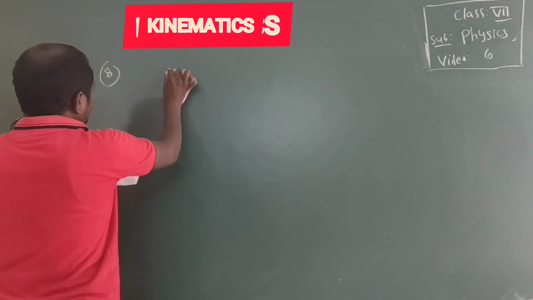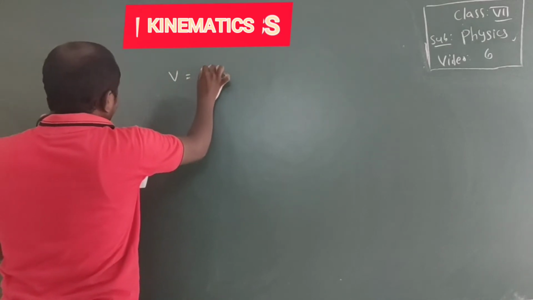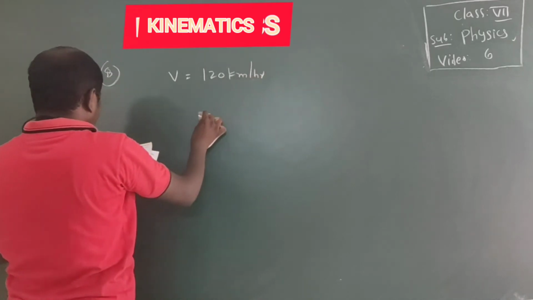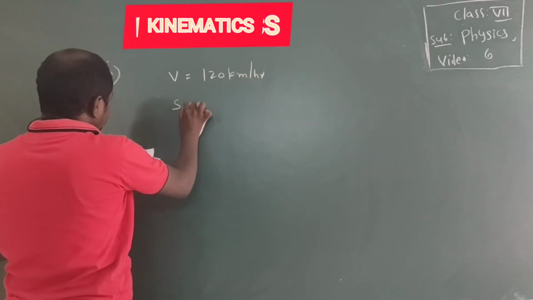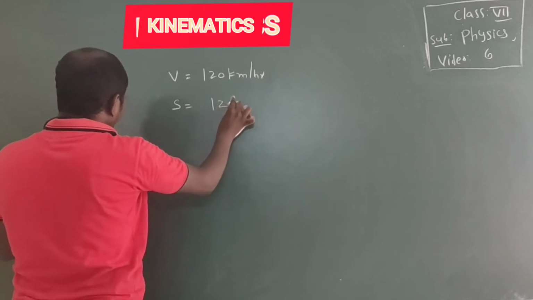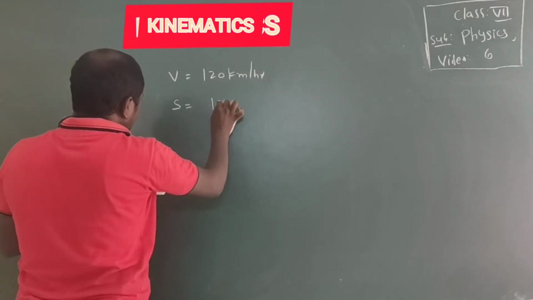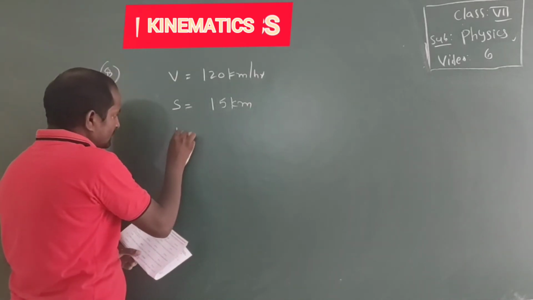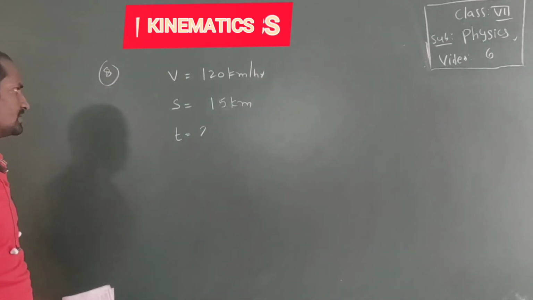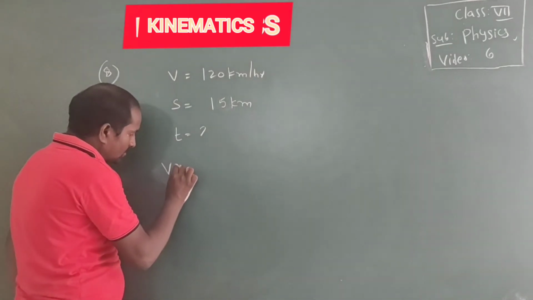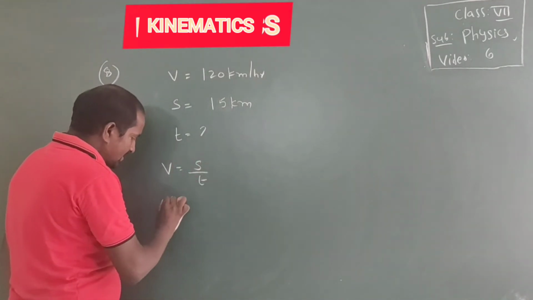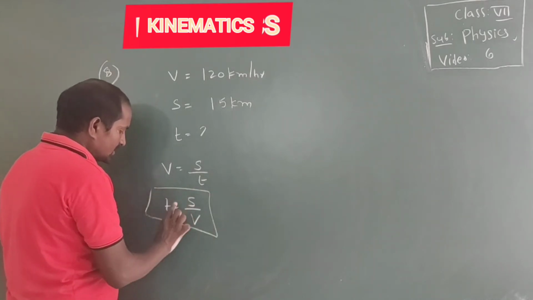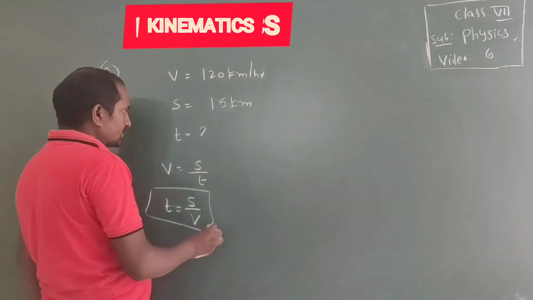Here v is given, that is 120 kilometer per hour. And next one, s is given, 15 kilometers. Then find t equal to how much? So v equal to s by t and t equal to s by v.